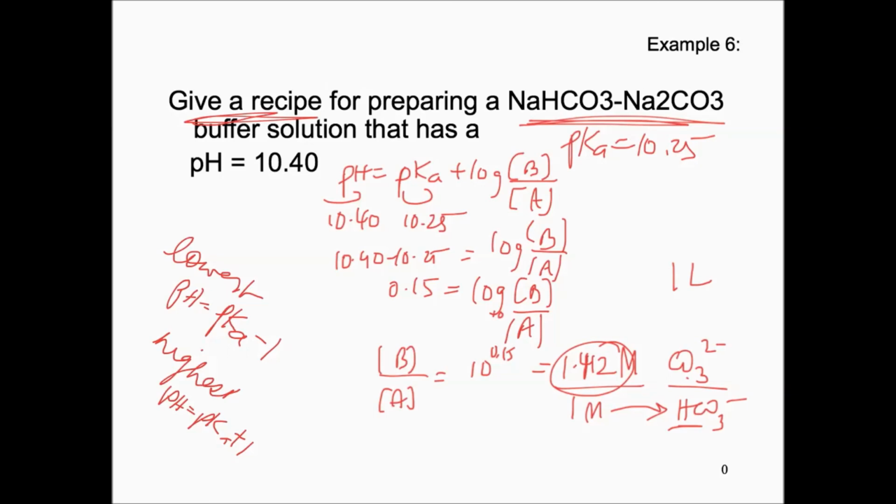So what that means is that if your weak acid has a pKa of 5, then the buffer will have a range of 4 to 6. Remember that.